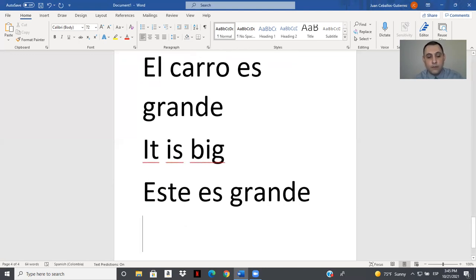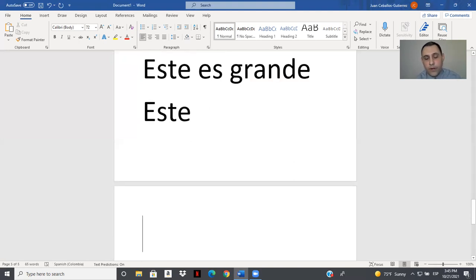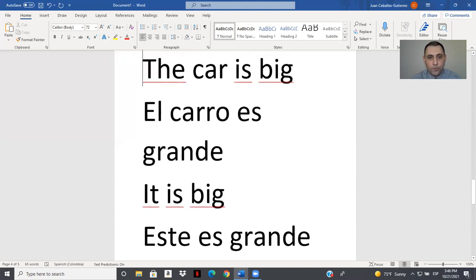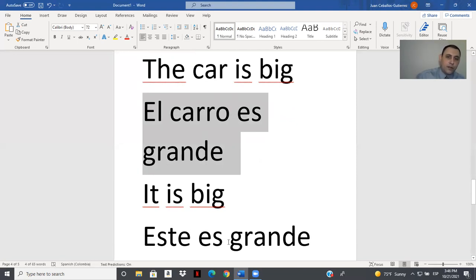So este is what is called a demonstrative pronoun. And that's what we use to replace things or animals in Spanish. It's more complex than that. This is just an example. But for now, let's not go into demonstrative pronouns. We will learn this later. Okay.